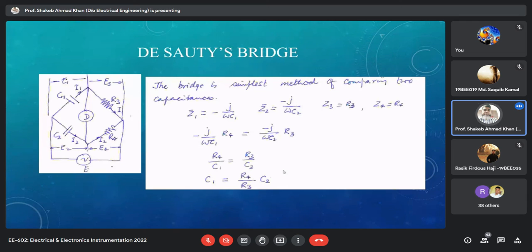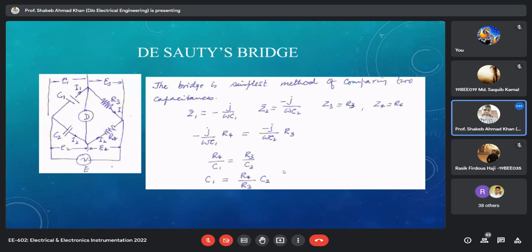Loss is always power loss. I think you must have studied the lossy capacitance equivalent circuit in your circuit subject. So power loss is also always represented by resistance, I square R loss.